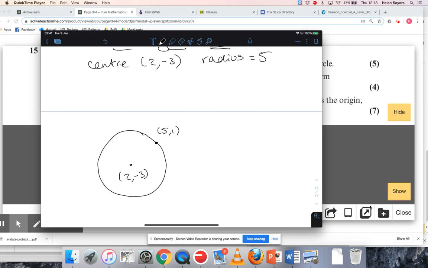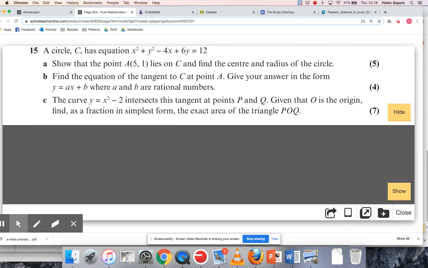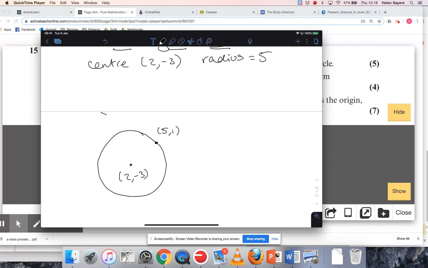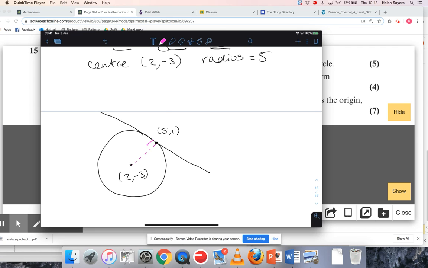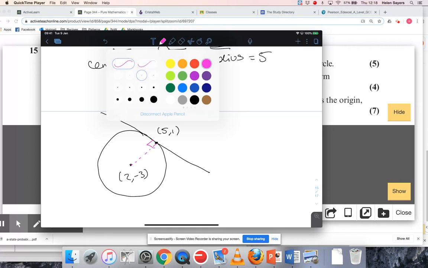Okay, and I want the equation of the tangent. When they mention a tangent, that does make you think about differentiation, but we don't know how to differentiate the equation of a circle, so we can't use that. Instead, I want to use the fact that the radius and the tangent are perpendicular to each other.